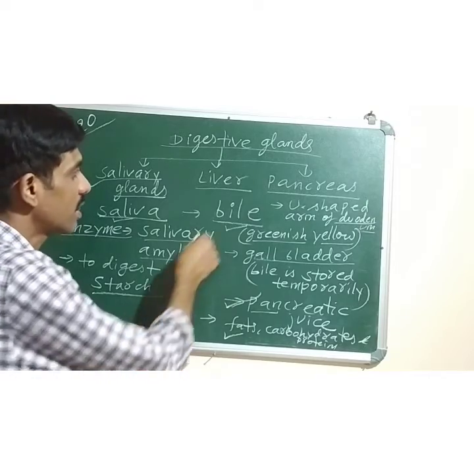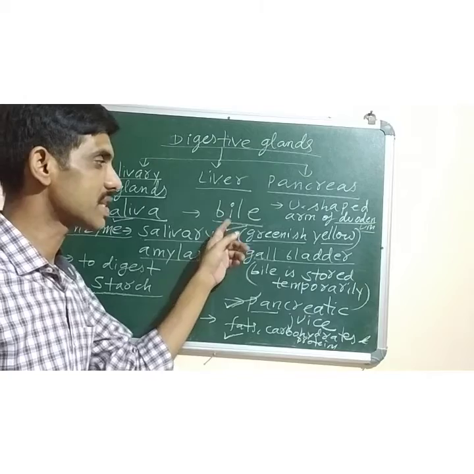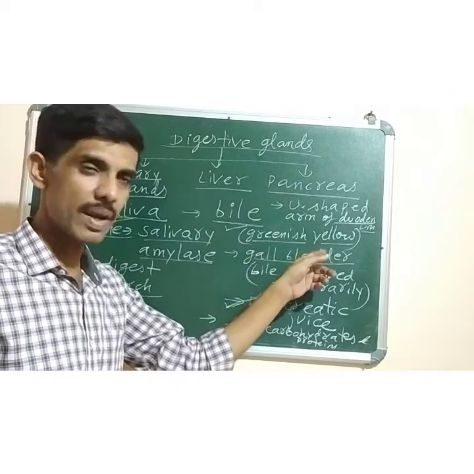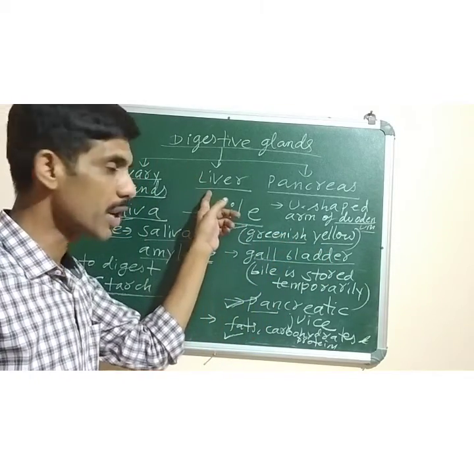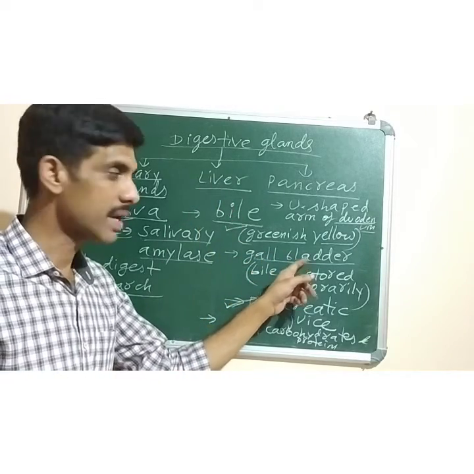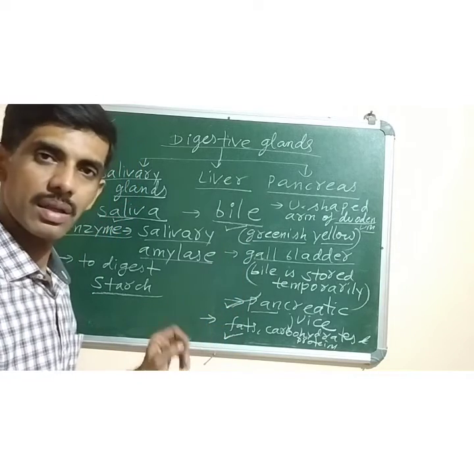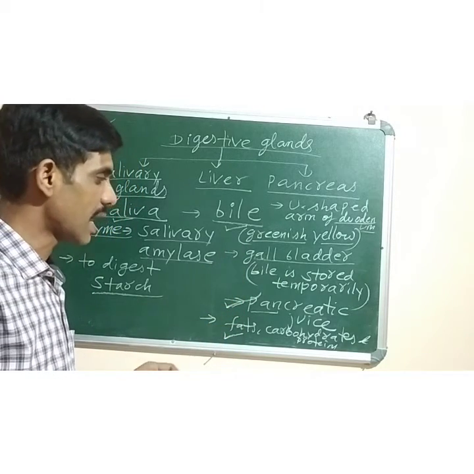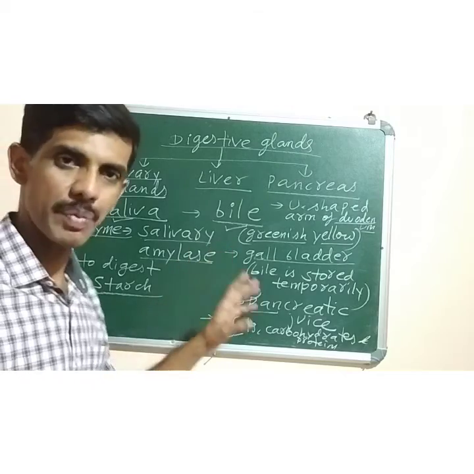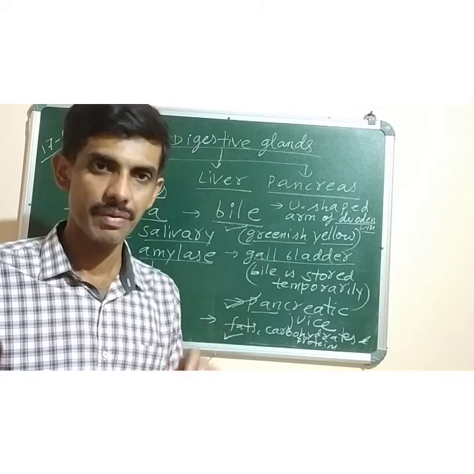Okay. Now what is the function of liver? Liver produces bile, which is greenish yellow fluid, and it is produced in liver but stored temporarily in the gallbladder, and after that the gallbladder secretes it in the small intestine. The function of this bile is not mentioned in the book. Its function is it helps in the digestion of fats.